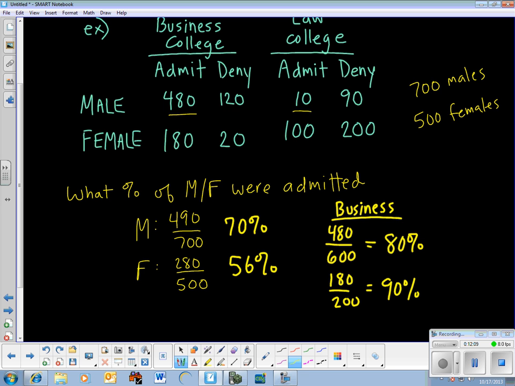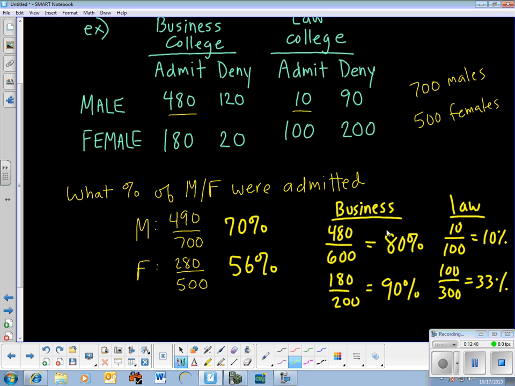So the business school alone admitted 90% of the ladies, 80% of the guys. Law school admitted the males, 10 out of 100, 10% of guys. And then we admitted 100 out of 300 ladies. Okay, so 100 out of 300, that's a third, 33%.